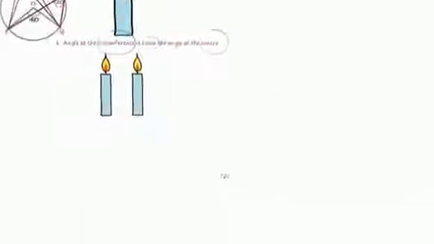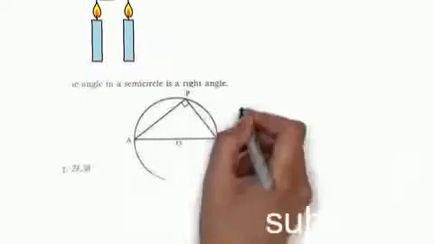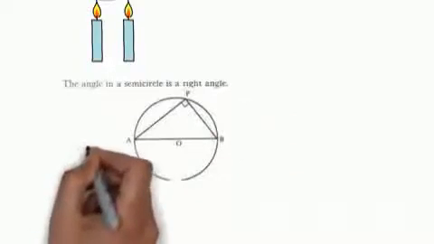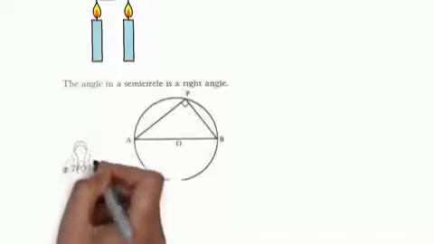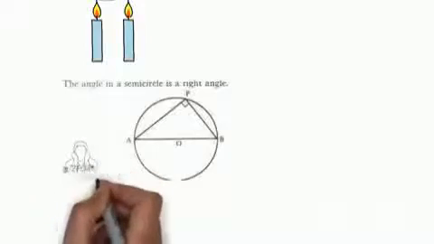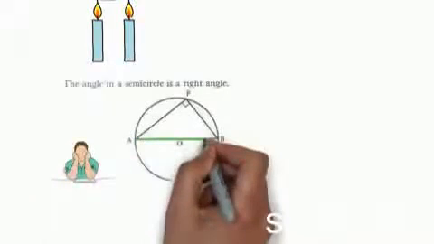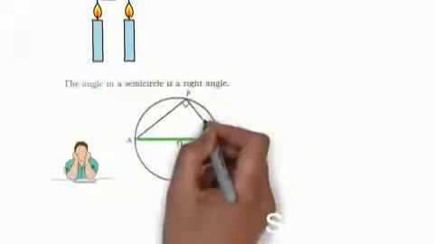What's commandment number 2? If you have a circle and a right angle triangle which passes through the center there, can you see A, B, P, and O there? The angle in a semicircle is a right angle, highlighted by the green that I'm drawing right now.